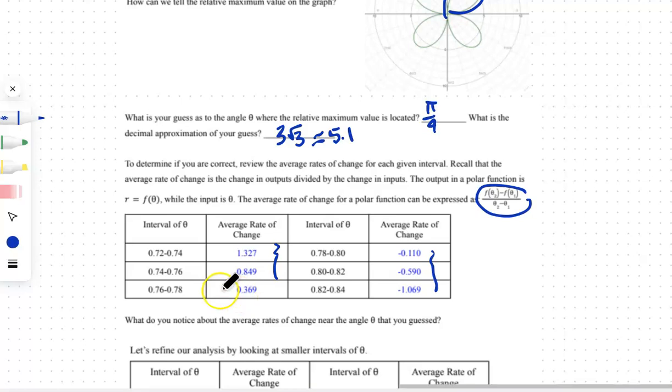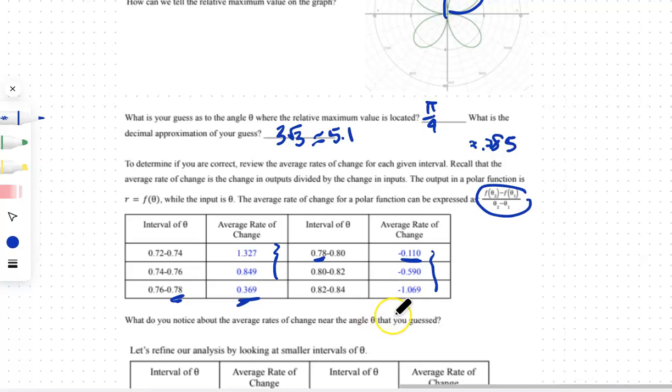And what you're going to notice is that, by the way, pi over 4 is approximately 0.785. So right around between here and here is where I have my pi over 4 value, and notice my rates of change go from positive to negative.